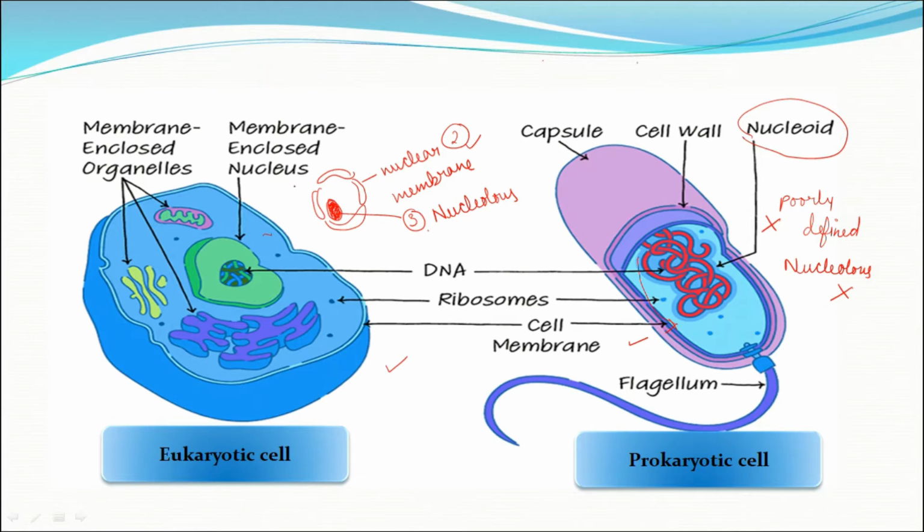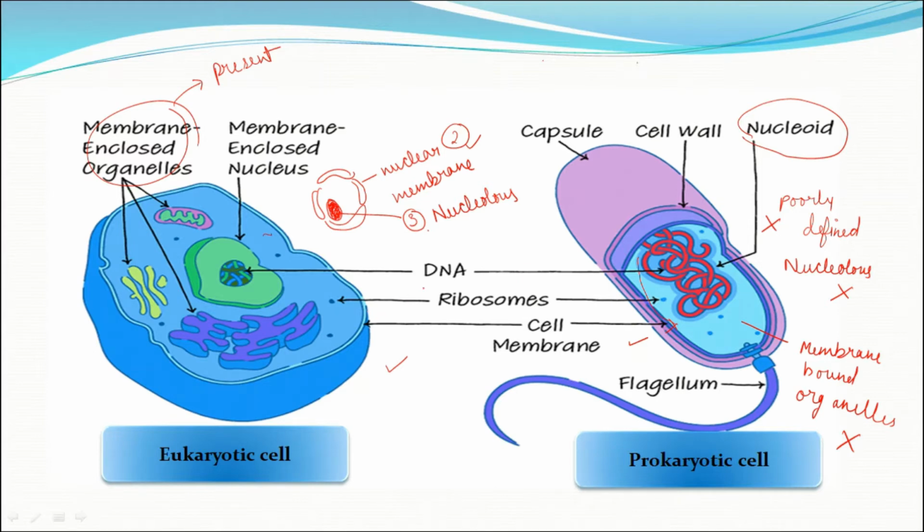Chloroplast imparts color to the cell, and it also performs photosynthesis. So for their specificity, they need to be enclosed in membrane. That's why in case of eukaryotic cells, membrane enclosed or membrane bound organelles are present, while membrane bound organelles are absent in prokaryotic cells. So these are the differences between prokaryotic and eukaryotic cells.